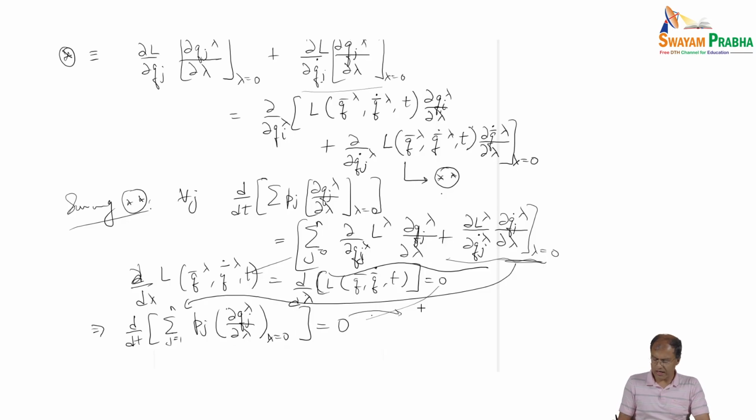We can quickly say that the summation inside this derivative, summation j from 1 to n of p_j partial q_j(lambda) by partial lambda at lambda equal to 0, is a constant of the system, and that is the linear momentum along the generalized coordinates q_j.